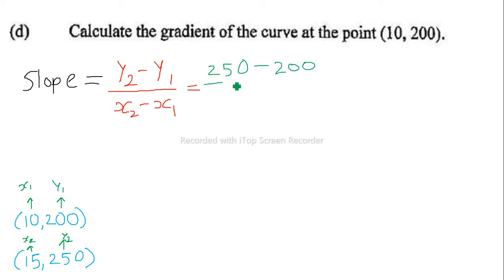Divided by X2, which is 15, minus X1, which is 10. It's going to be equal to, what is 250 minus 200? 50.